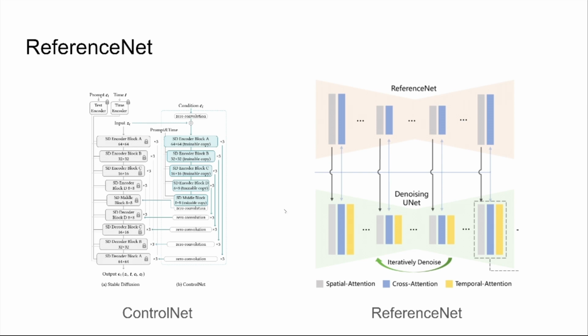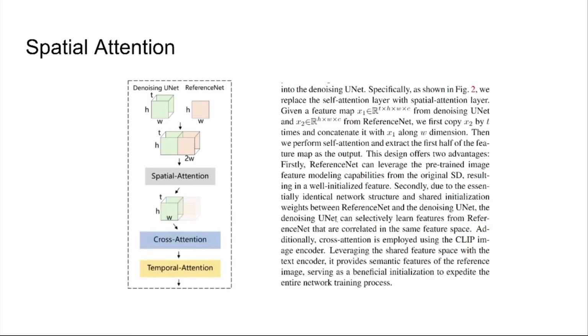So finally, the main difference between ReferenceNet and ControlNet is that in ReferenceNet you have the connections for every block. Another thing is how to use the connections, because from the architecture level you only see that every layer from ReferenceNet connects to the stable diffusion layers. The next part is how to apply this connection.